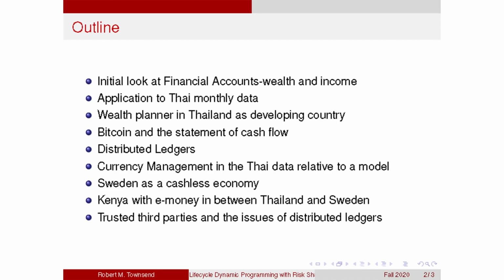And with Bitcoin, that motivated a review of distributed ledgers and how it works with currency, physical currency, as opposed to the ledgers. And then we touched on Sweden and Kenya. So this lecture introduced Bitcoin. It also introduced distributed ledgers as financial accounts and also value transfer.